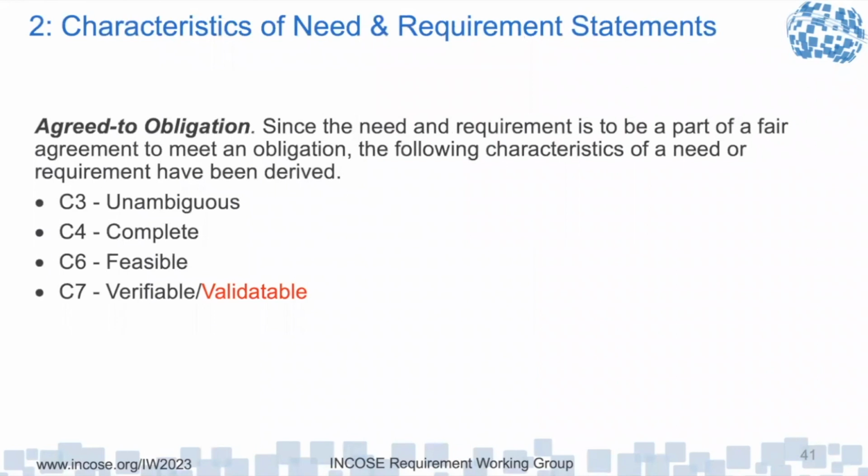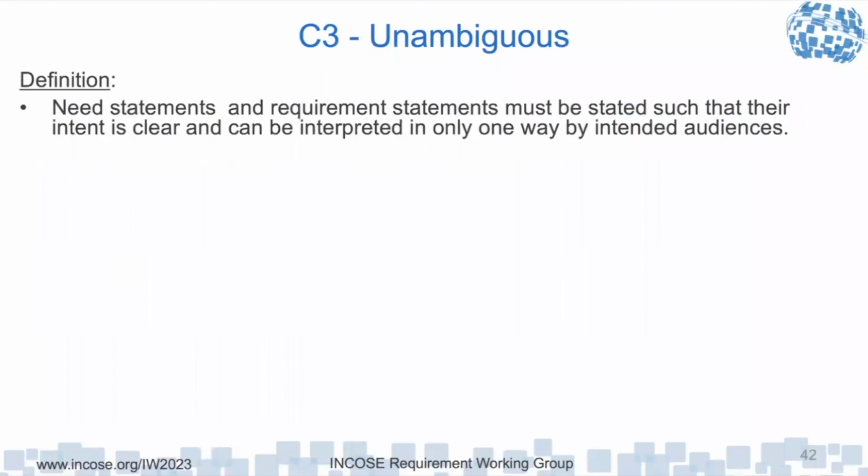Characteristics of these requirement statements that have to do with agreed-to obligation. Remember, the first set I did was talking about whether we did the transformation properly. Now, this agreed-to obligation, like Mike said, has to be at the individual requirement level as well as the set. So like feasibility, we have that as another characteristic of the sets, just like we have unambiguous.